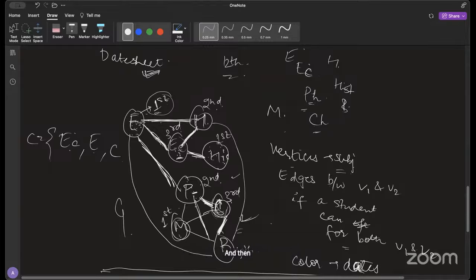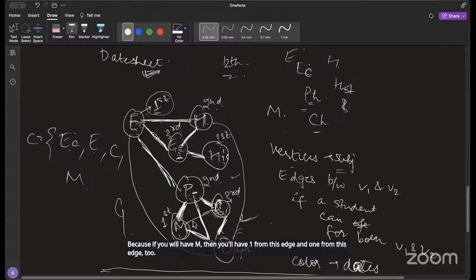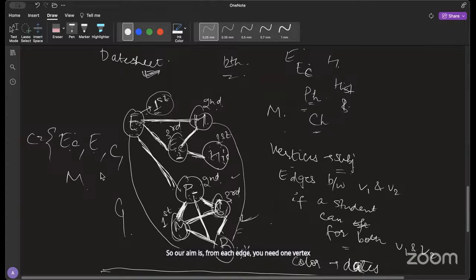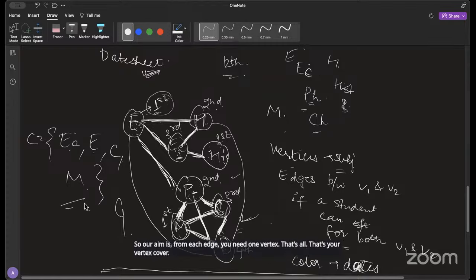Then in this edge, you need either P or B. If I have P, then this one's covered. Or let's have M instead, because M gives you one from this edge, one from this edge, and one from this edge too. So now everything is covered. Our aim is that from each edge you need one vertex. That's your vertex cover.